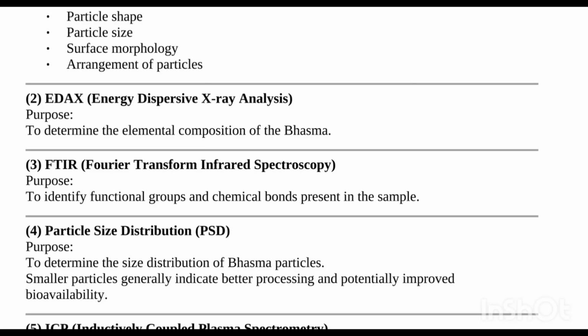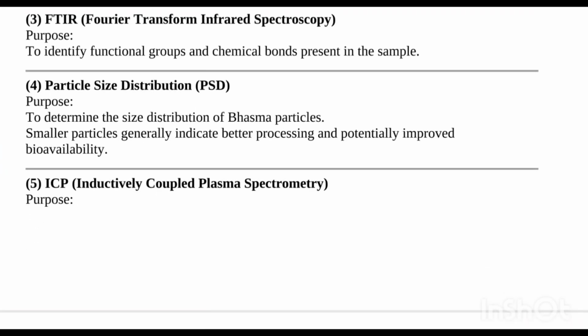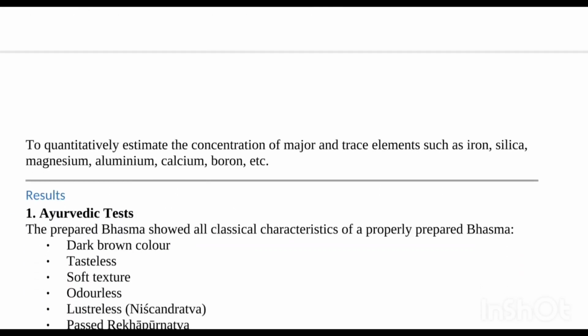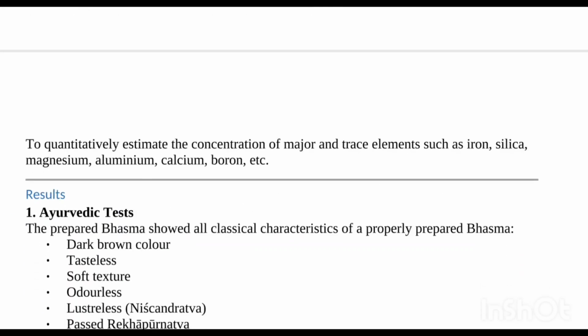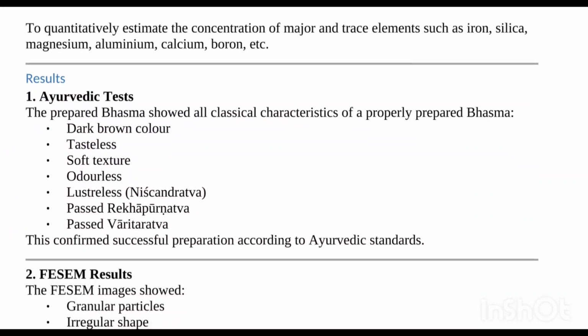Third, FTIR, used to identify the functional groups and chemical bonds present in the sample. Fourth, PSD, to determine the size distribution of Bhasma particles. Smaller particles generally indicate better processing and potentially improved bioavailability. Fifth, ICP, used to quantitatively estimate the concentration of major and trace elements such as iron, silica, magnesium, aluminium, calcium, boron, etc.